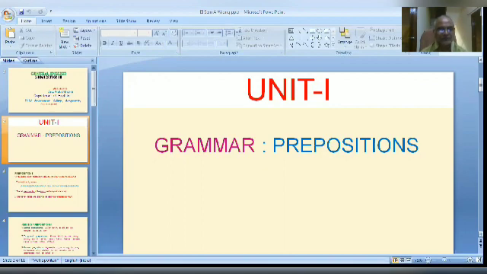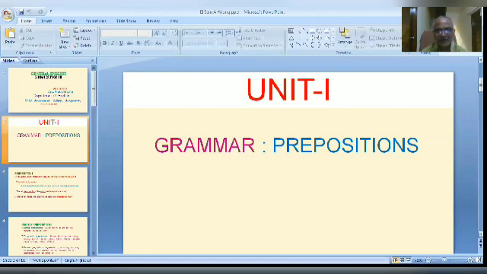That is the grammar part. Under grammar, we have prepositions in the syllabus. So in our today's presentation, we try to take the rules, the definition, the exercises related to prepositions.